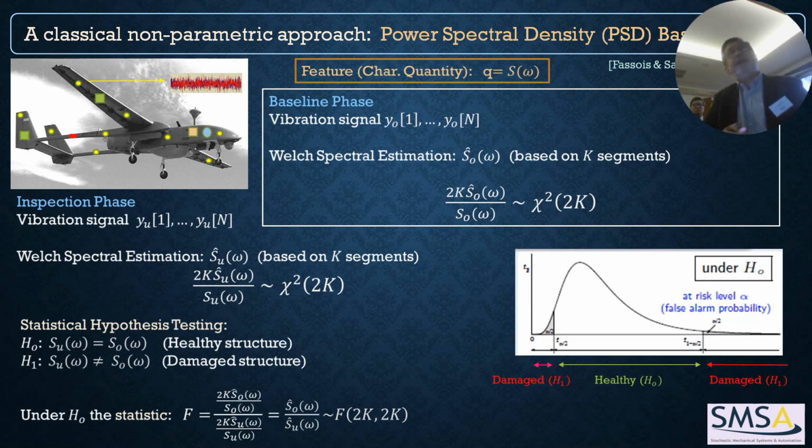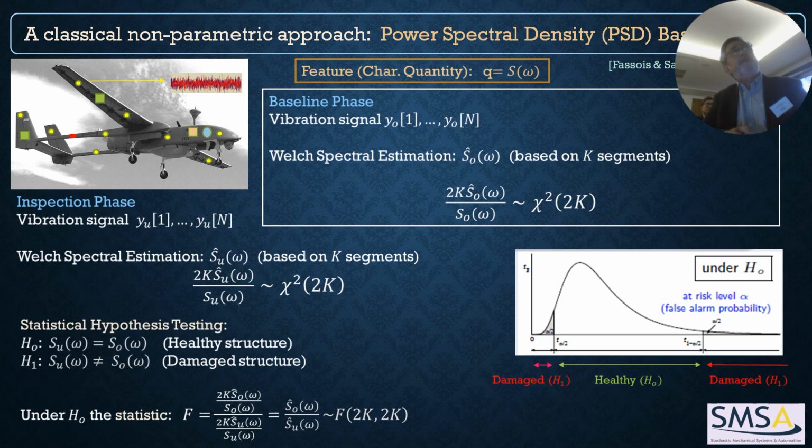For instance, it is a chi-square distribution here. And then when the aircraft flies again and we want to monitor its condition, we repeat the procedure, we have a fresh estimate, and then we formulate a hypothesis testing problem to see whether the current spectrum of the structure is identical to the spectrum that we had in the nominal, in the pristine condition, in other words.